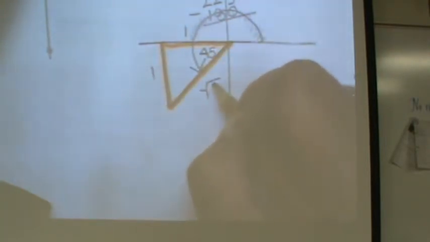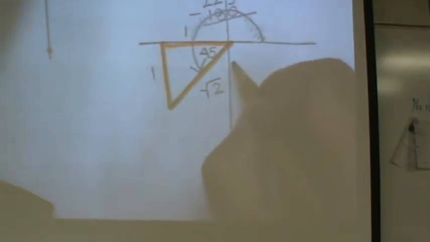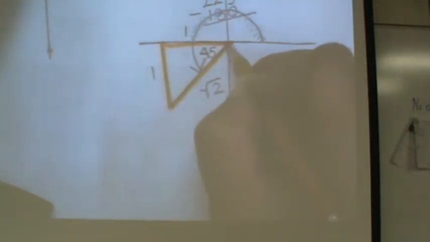This angle is 45 degrees. Okay, if this is a 45-degree triangle, what do you know about these two sides? 1, 1, root 2. Now, unfortunately, this is in quadrant 3, so this is not a positive 1. It's a negative 1. This is a negative 1.